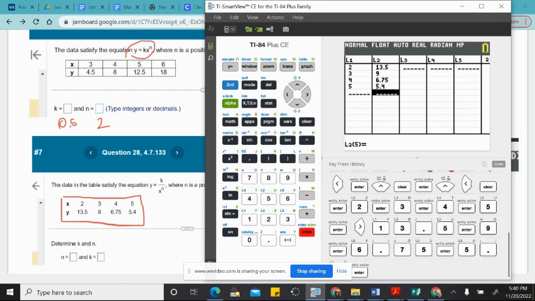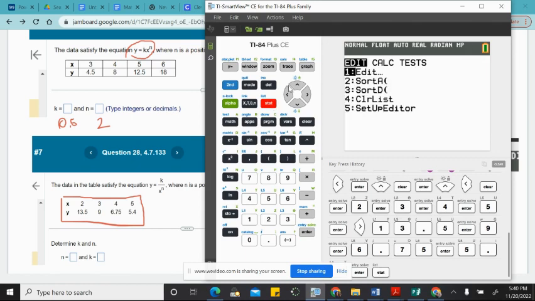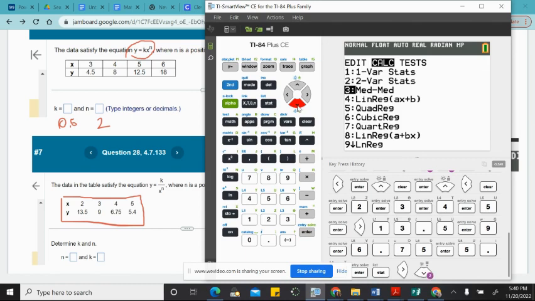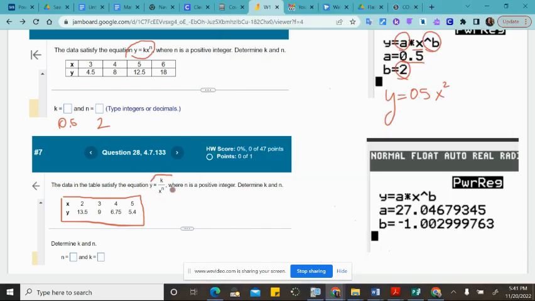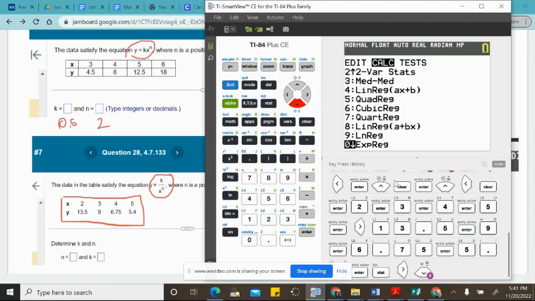Good job. And now we're going to do the same idea: stat, calculate this time. So we arrow to the right, go down to power regression. Now you're going, how do you know it's power regression, Miss Flannery? Because that equation it looks like they're asking for seems different than it was up there. It's the same thing in disguise.